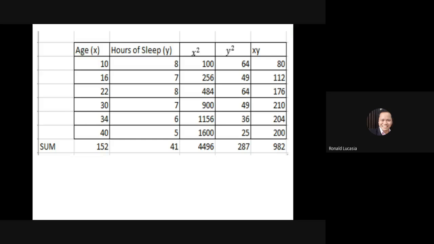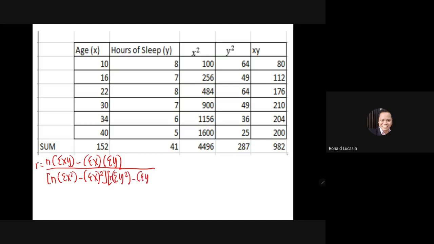So the formula is r is equal to n multiplied by the summation of xy minus the summation of x multiplied by the summation of y, all over the square root of n times the summation of x squared minus the summation of x, squared, multiplied by n times the summation of y squared minus the summation of y, squared.